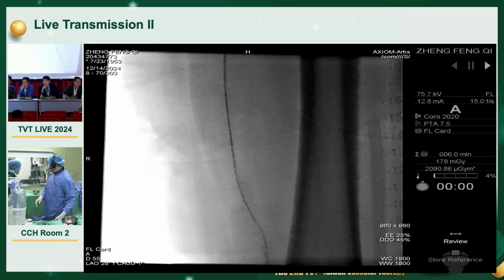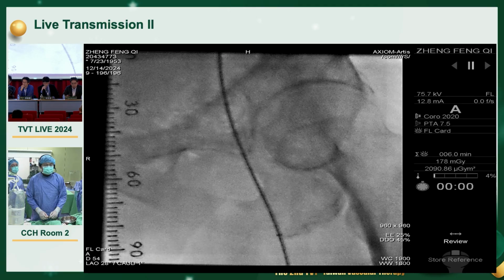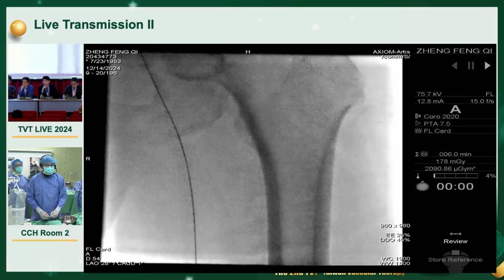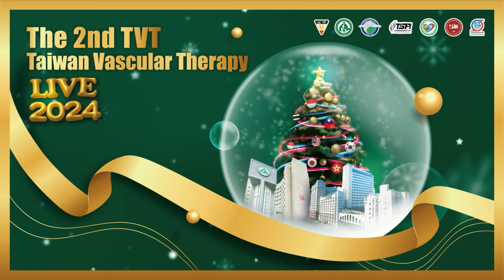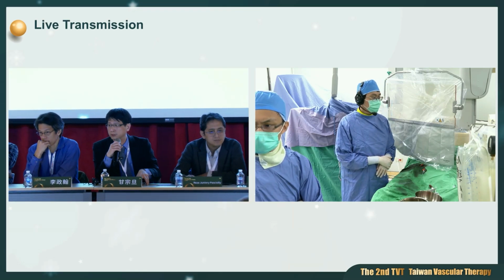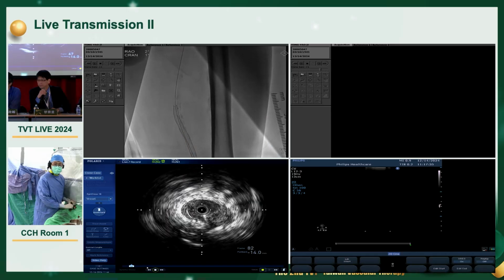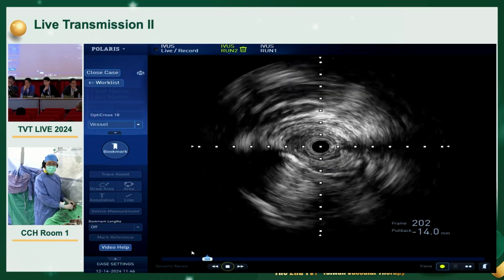So Dr. Zhang, maybe we can come back later and we go back to the room 1 first. Okay, thank you. So we go back to the room 1 and the IVUS. Can you tell us the IVUS? Yes. Room 1, IVUS, please. Can you see that?